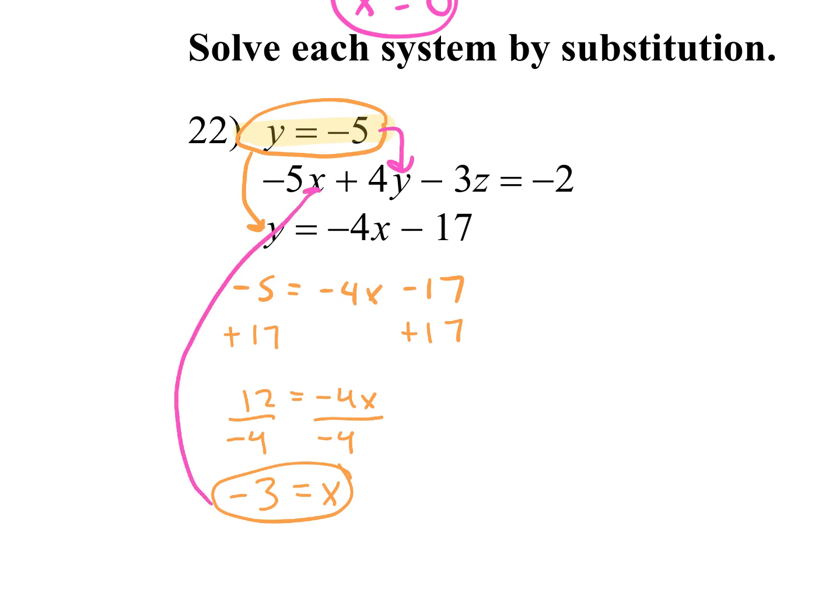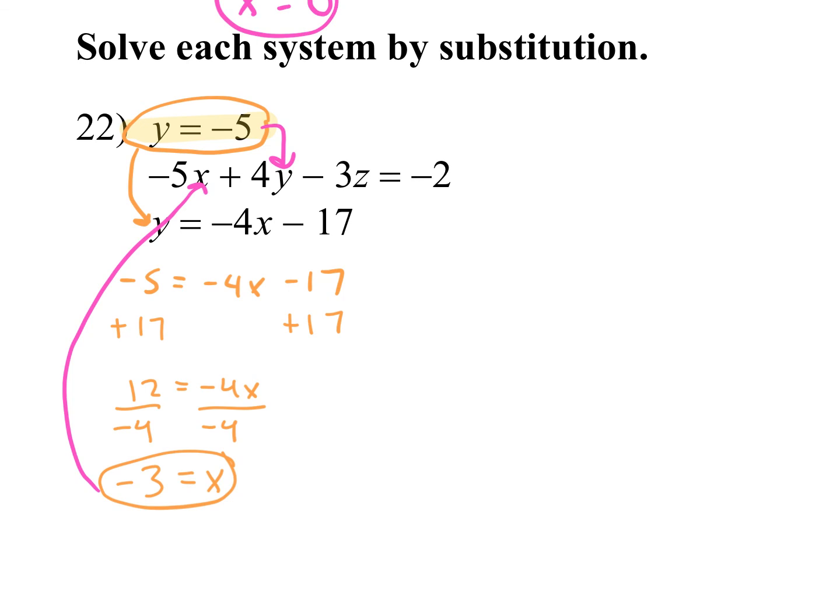So once I have 2 variables, I can plug it into the one with 3. So negative 5 times negative 3, 15, plus 4, it would be negative 20. 15 minus 20 minus 3z is equal to negative 2.